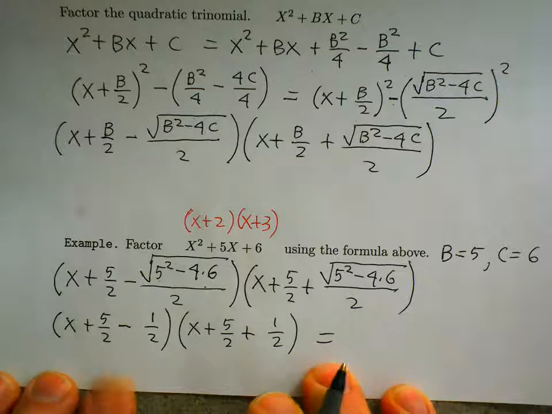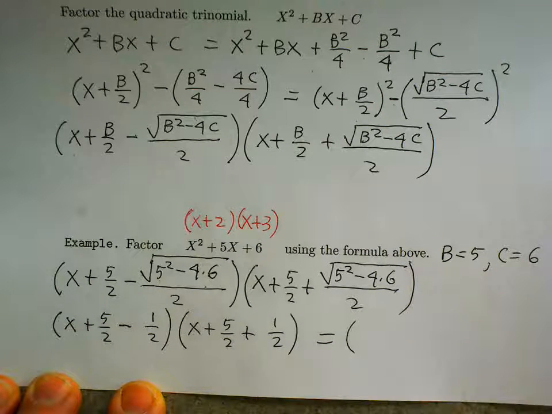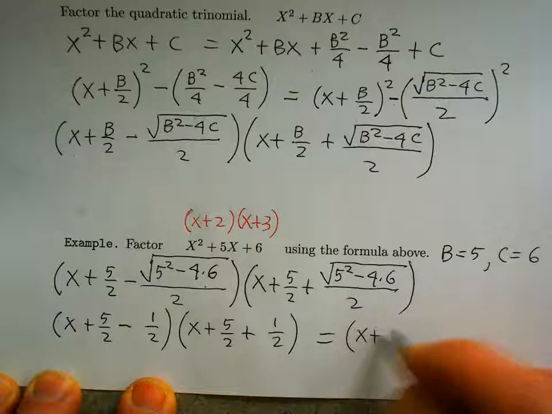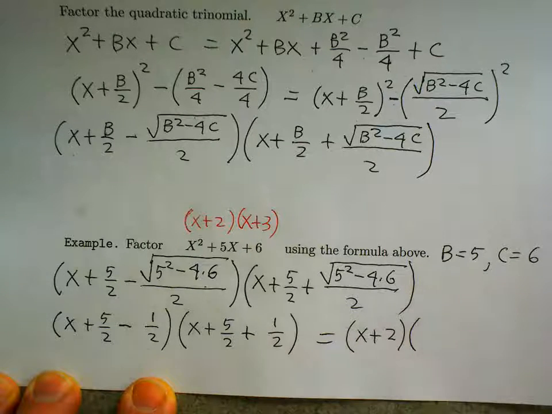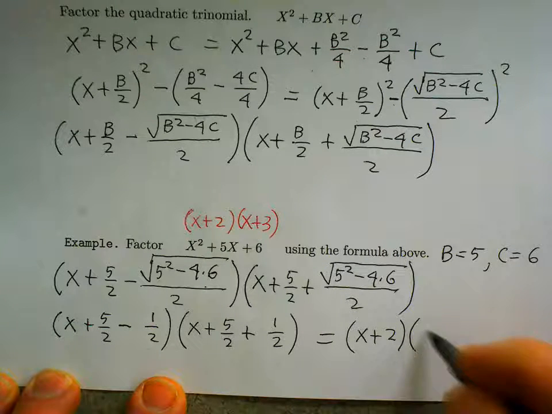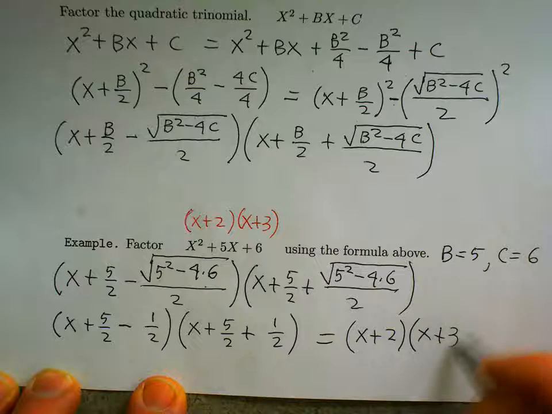And then we'll just take it one step further. x + 5/2 minus 1/2 is x + 4/2, but 4/2 is 2, so we get x + 2. And the other factor, x + 5/2 plus 1/2, is x + 6/2, but 6/2 is just 3.